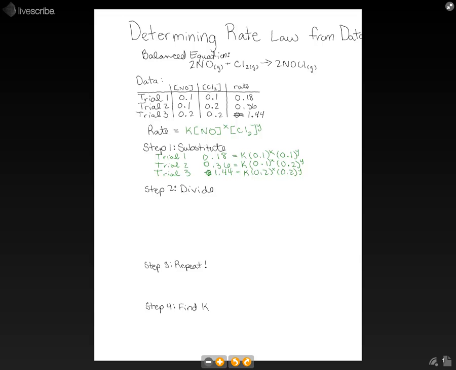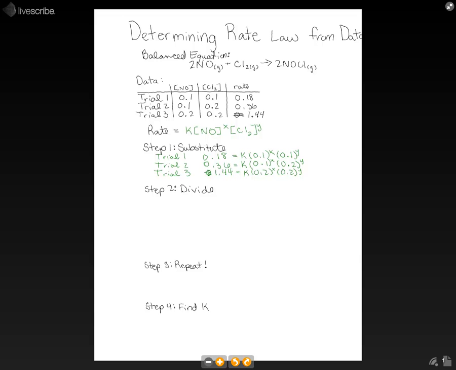Now, in order to determine what all of these constants are, the constants k, x, and y, we're going to divide these equations by other equations here. So, the first thing we're going to do is look and see which two equations have matching concentrations for one of the reactants.